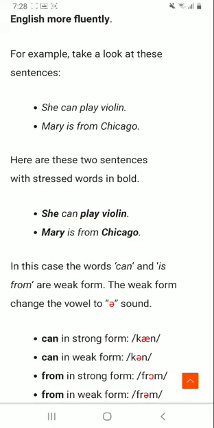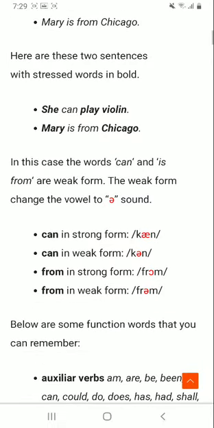In this case, the words can and is, from are weak because we give more importance to the content of the sentence. In this case, the words can and is, from are weaker.